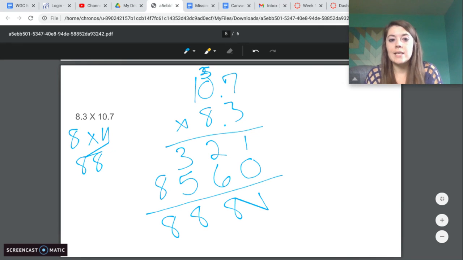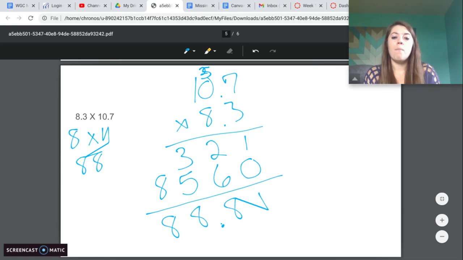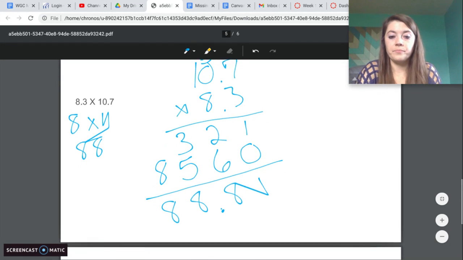So a lot of 8s in here, which makes sense since our estimate was 88. So 10.7 times 8.3. If we look, we've got 2 numbers after the decimal, so we move it twice. So our decimal is going to go right here. So we end up with 88.81. So our estimate ended up being very, very close to the actual product.